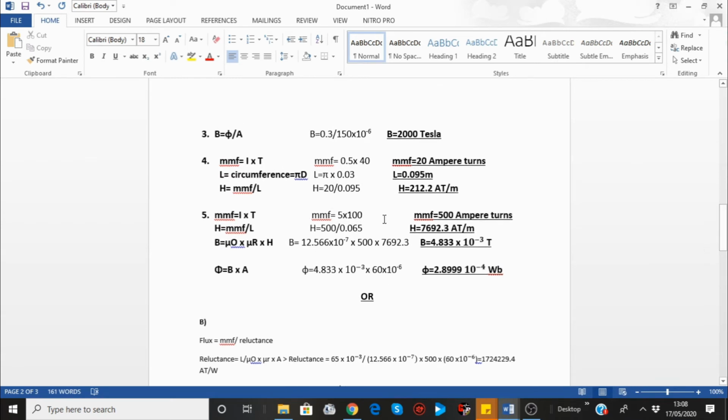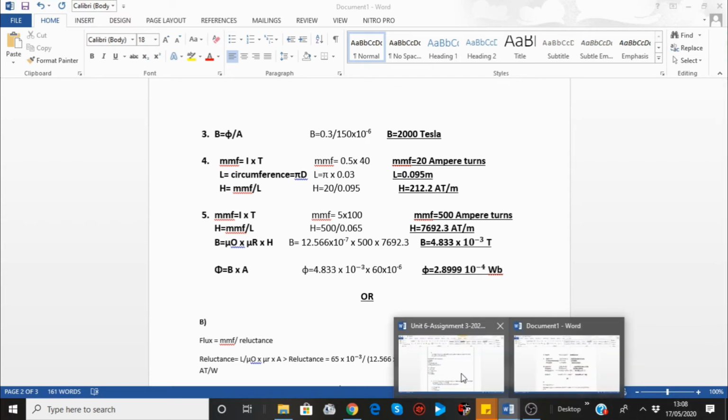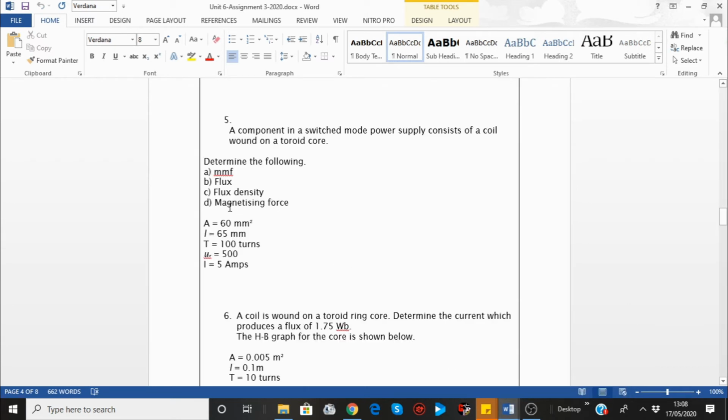MMF is I times T, and that was 500 ampere turns. Now H is MMF over L. This is magnetizing force. As you see, the question asks for the magnetizing force last, but you're not going to find flux and flux density first.